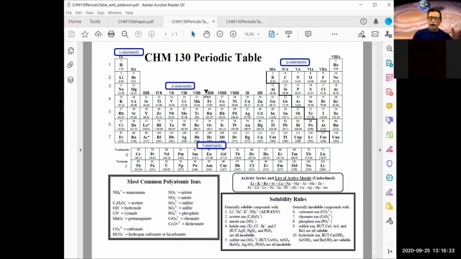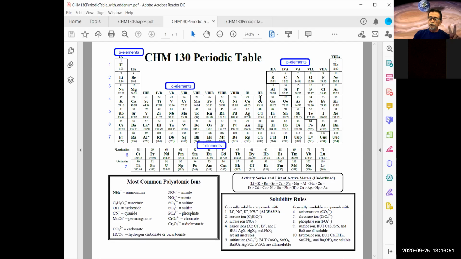Now, for the B elements, the ones labeled 3B, 4B, and so forth, think of those as the D block or the D elements, okay? And if you count from number 21, scandium, go across to number 30 to zinc, guess what? There are 10 columns there. The D orbitals have 5 D orbitals.